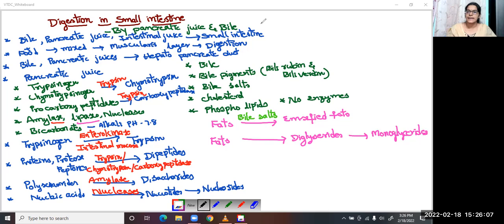So this happens in the presence of activated lipases. So this is about the digestion of the food by the pancreatic juice and bile.